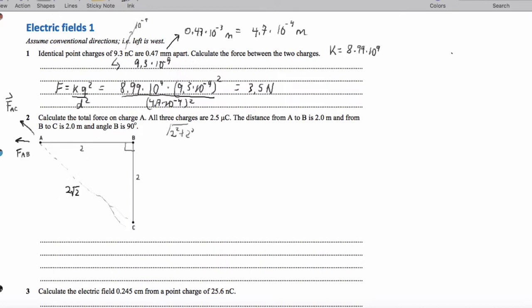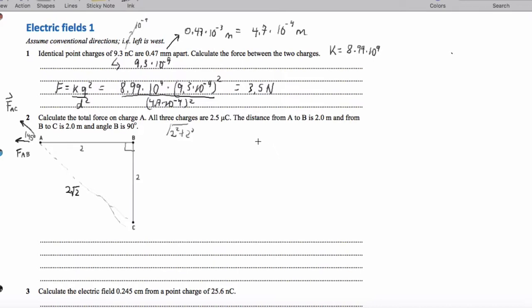Okay. Now, what we're basically going to do is do this exactly like we do other physics problems when we have forces. So right here, this angle is 45 degrees.